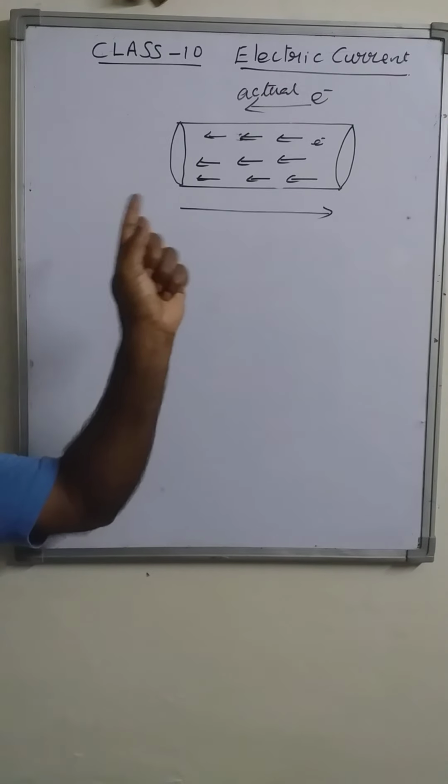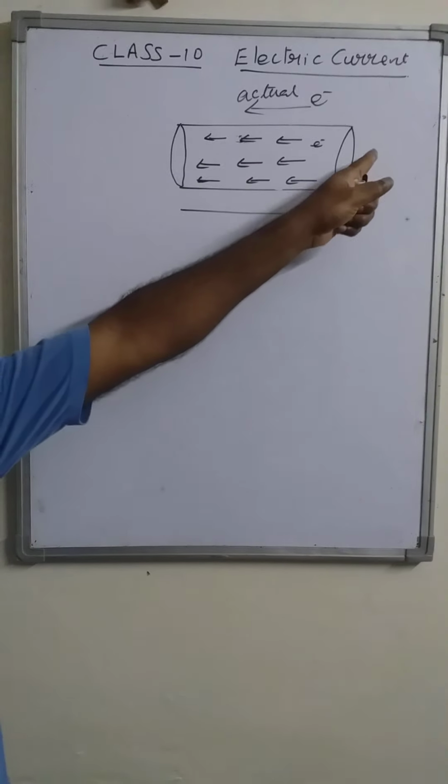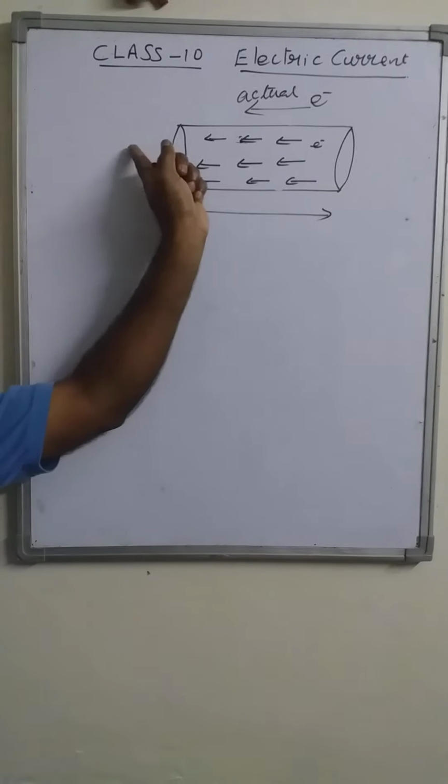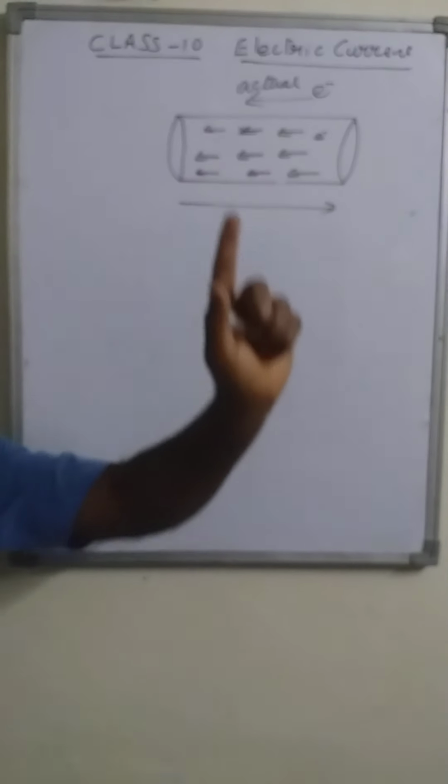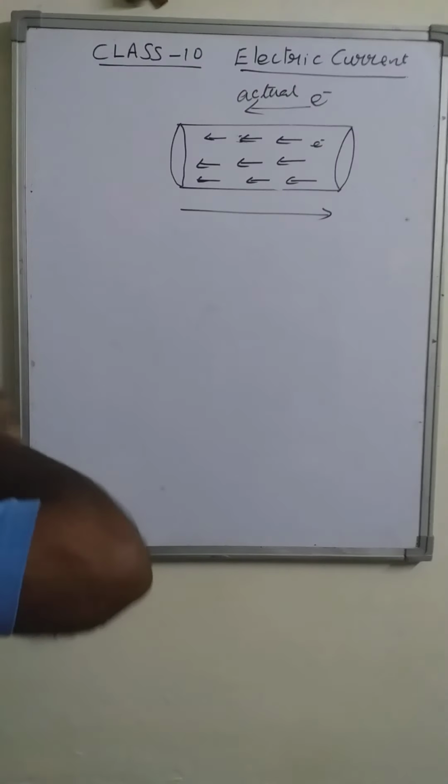On the basis of this conductor, the electrons are flowing from right to left, but we are conventionally saying this is the direction of current, that is from left to right.